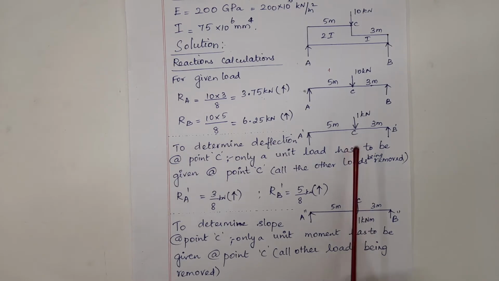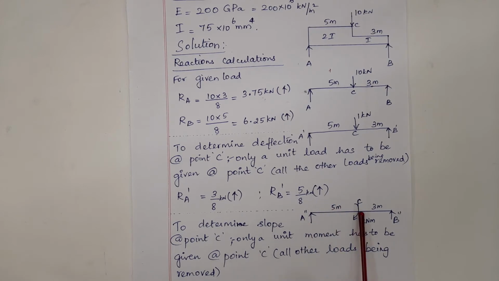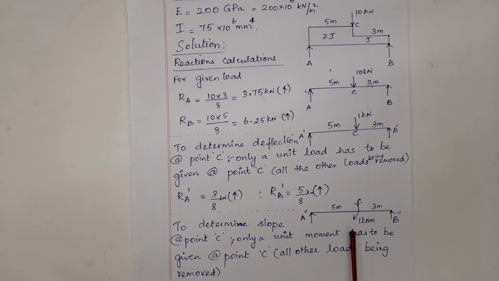Our next subdivision is determination of rotation at the junction, that is at point C. If rotation has to be determined, all the given loads have to be removed, and at the point where rotation has to be determined, a unit moment has to be applied and moment expressions are written.